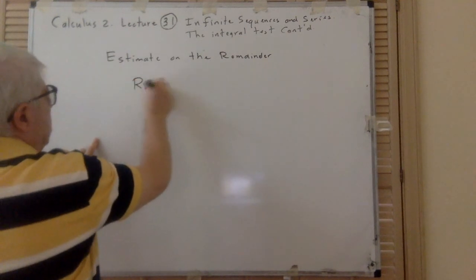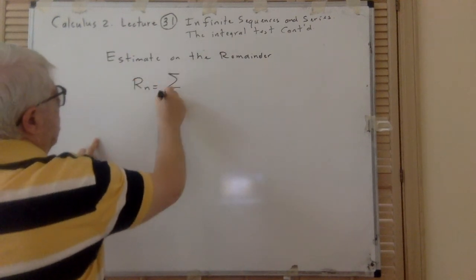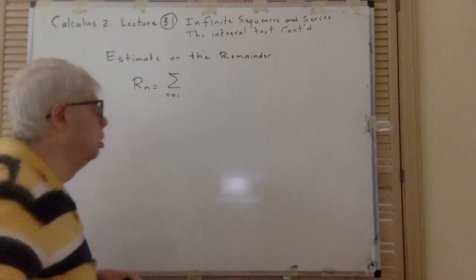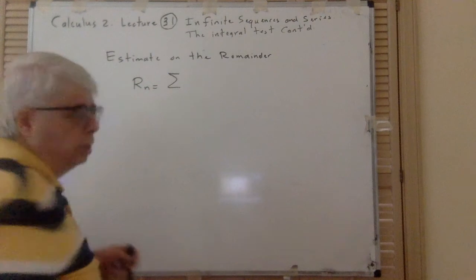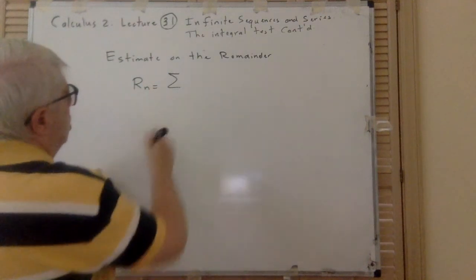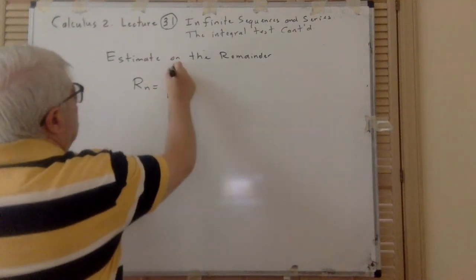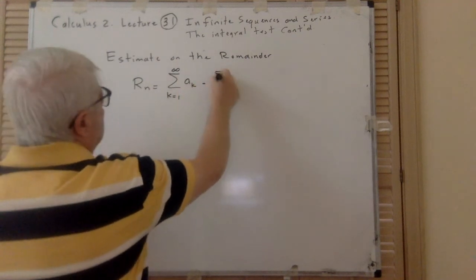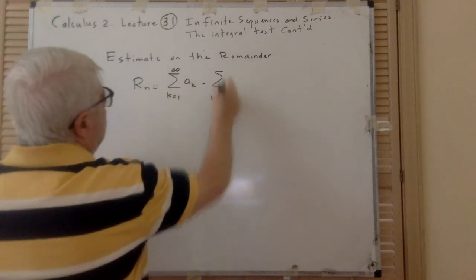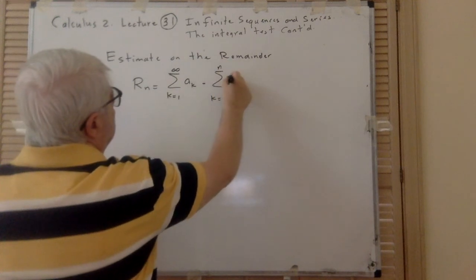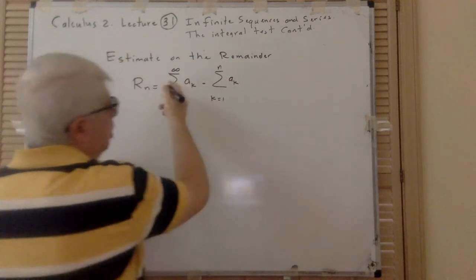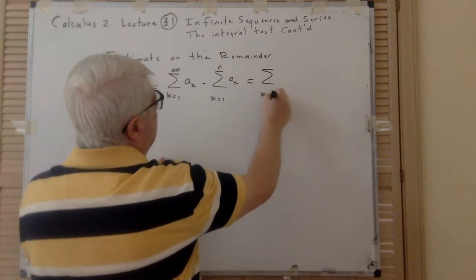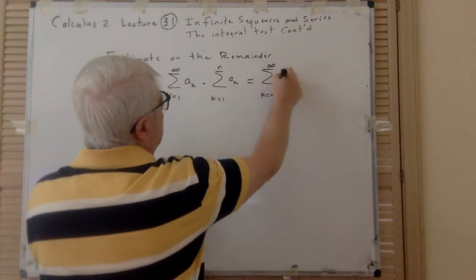R_n is in fact the sum from k equals 1 to infinity of a_k minus the sum from k equals 1 to n of a_k. So what is this? If I subtract this, then it is in fact the sum from k equals n plus 1 to infinity of a_k, right?